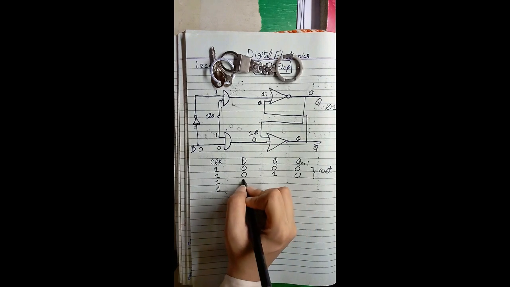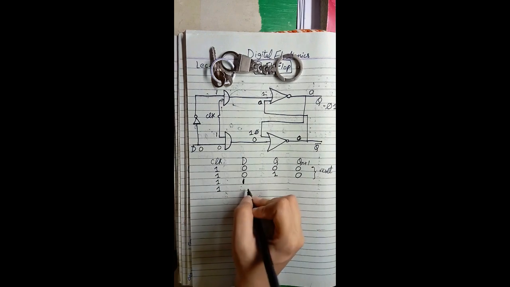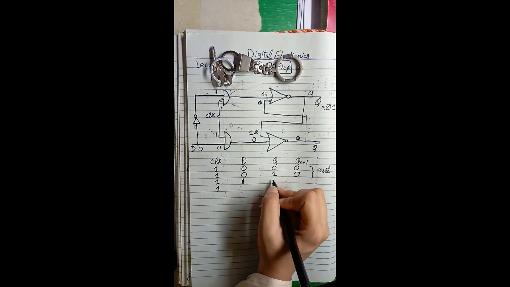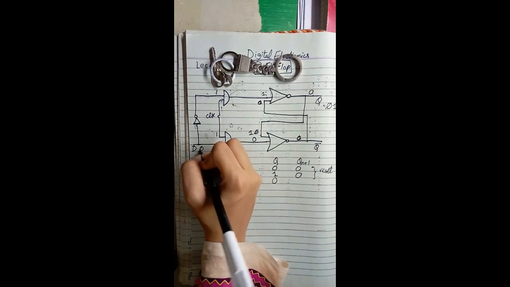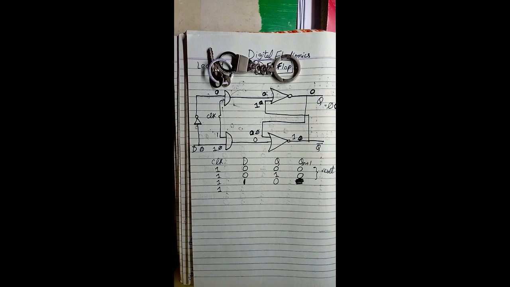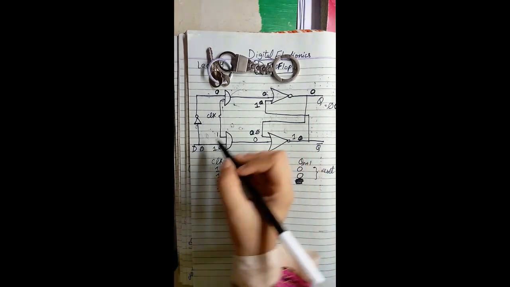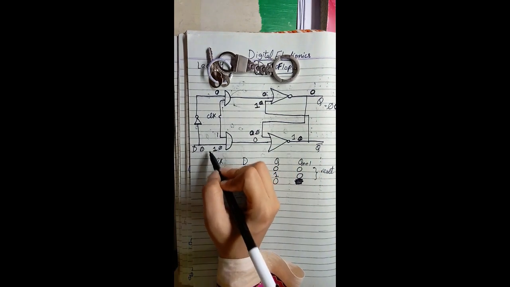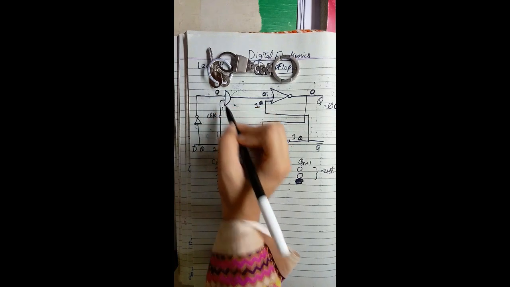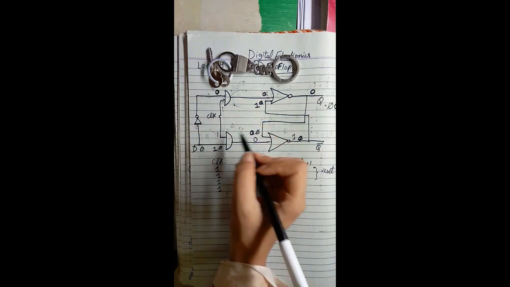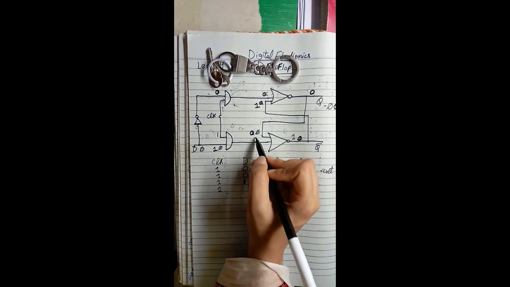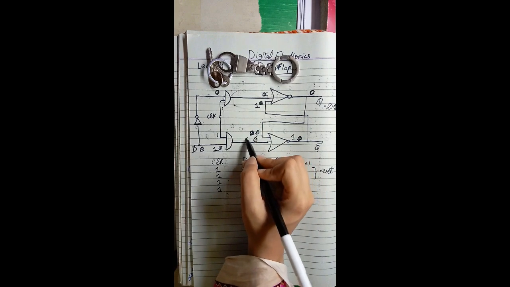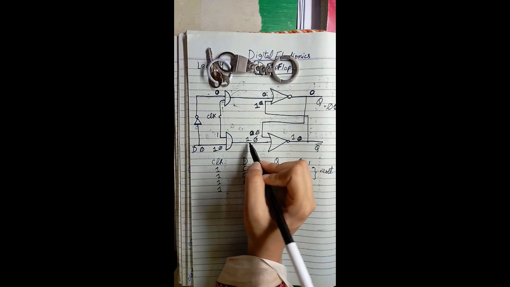Now we will have the value of D as 1, and we will imagine the value of Q as 0. When D is 1 and Q is 0, it means here we will have input 0, because 1 is passing through the NOT gate, and 1 will give us 1 passing through the AND gate.